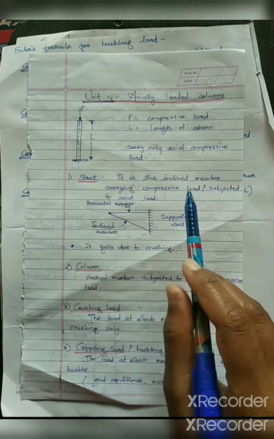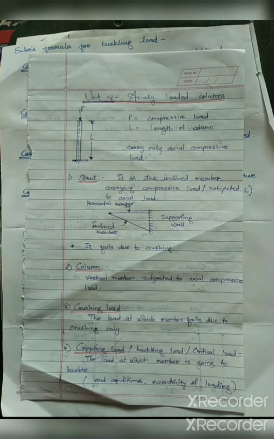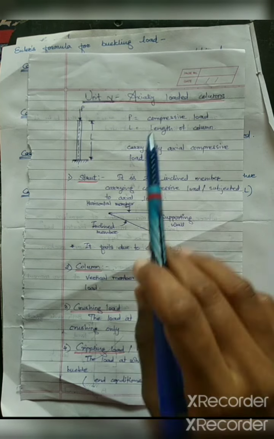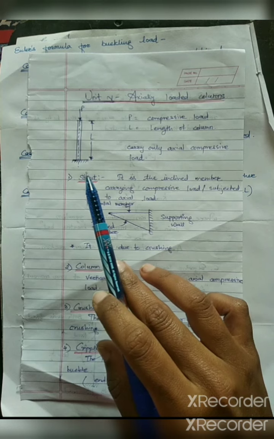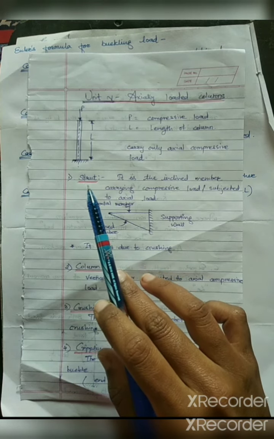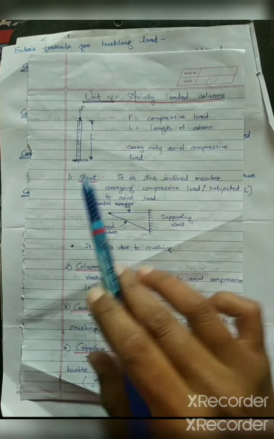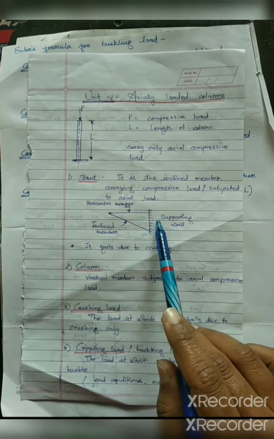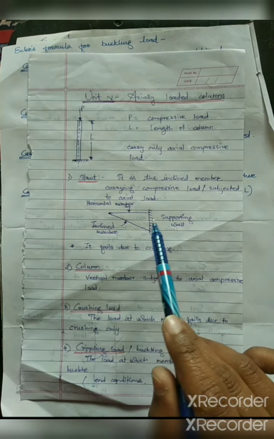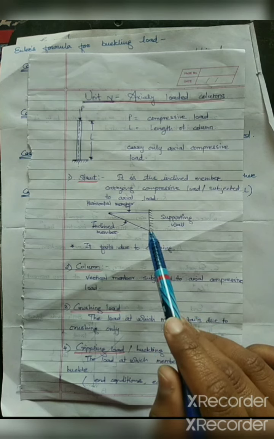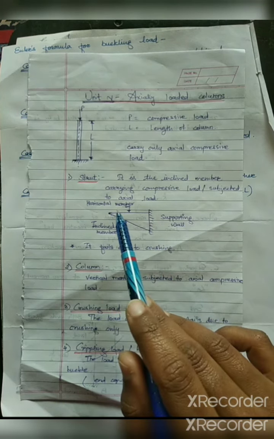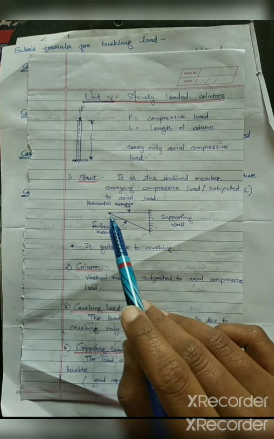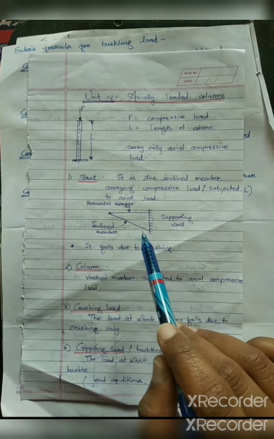A strut is an inclined member which carries compressive load or is subjected to axial load. So what is the difference between column and strut? Both carry compressive or axial load, but a column is a vertical member and a strut is an inclined member. Here the diagram of the strut is given. This is the supporting wall. One horizontal member is connected to the supporting wall, and another inclined member is supported on this horizontal member.